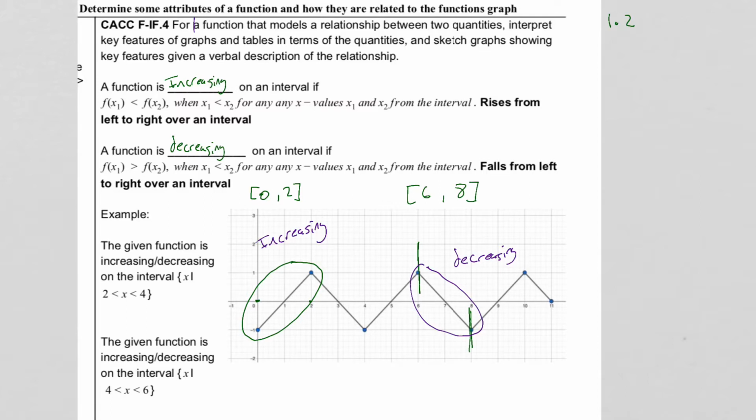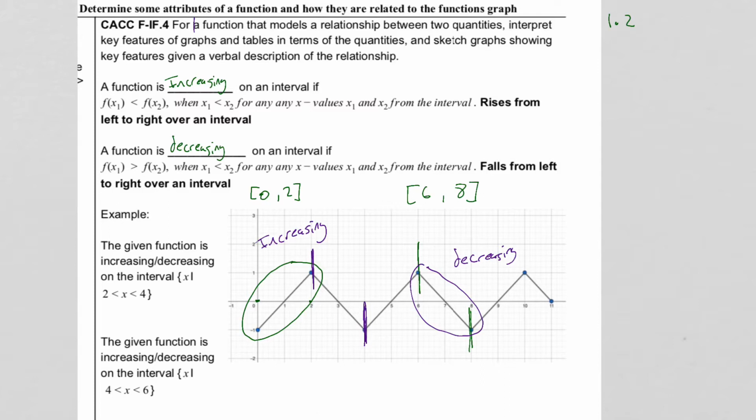So here we go. The given function is from 2 to 4. Now let's see, between 2 and 4, we're talking from here to here. Is the graph rising or falling?